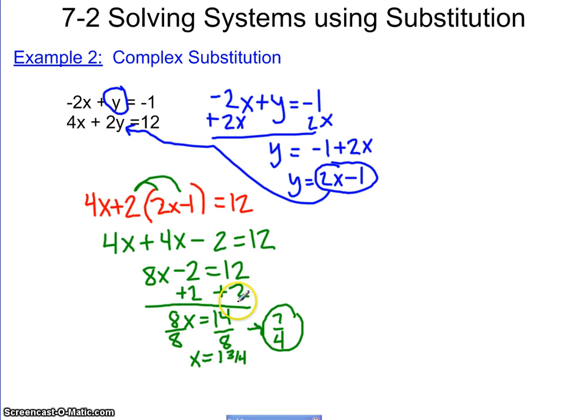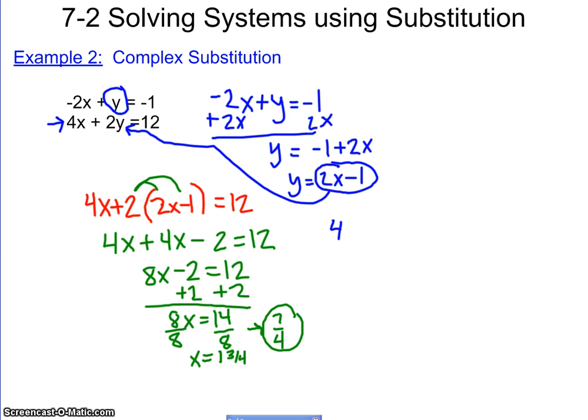Anyway, I'm going to take that and use it to figure out my y value. Since I see 7/4 here, and I see that there's a 4x right there, I know 7/4 times 4x is going to cancel out kind of nicely. So I'm going to replace it in the bottom equation first, and then we'll go back and double check it in the top equation.